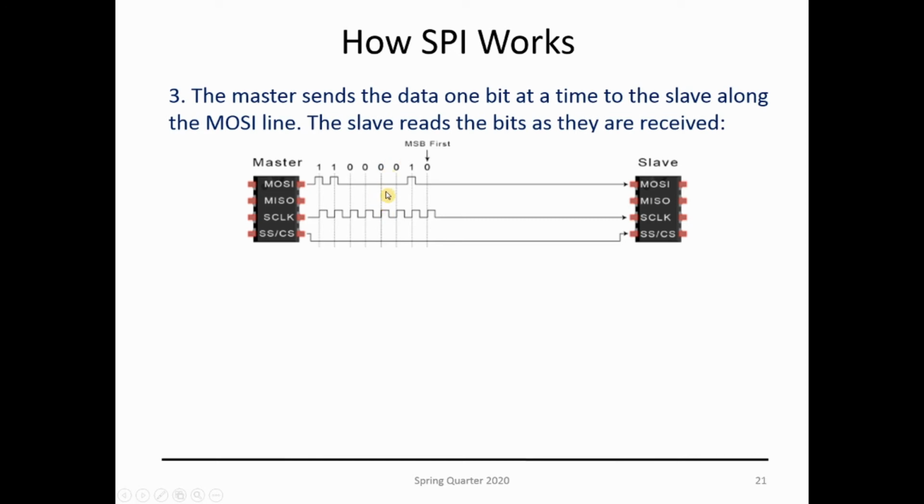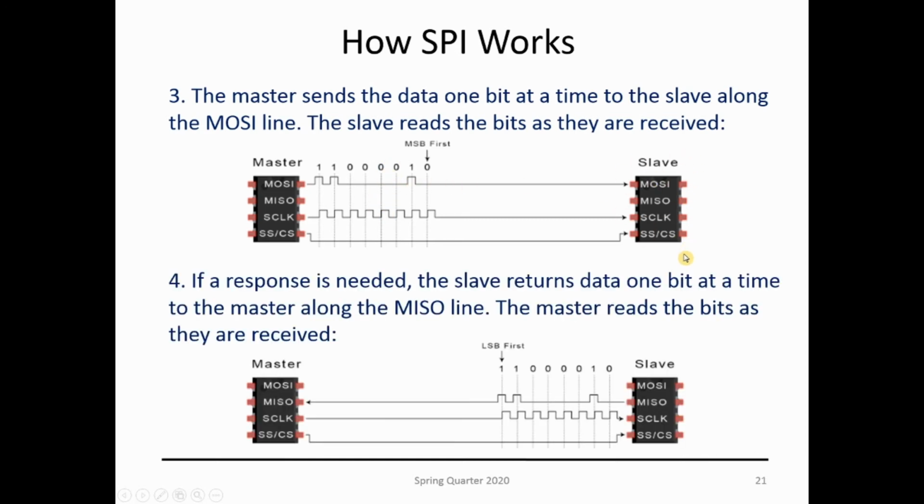Then you can send the data 1 bit at a time, and it's received by the slave, and then the slave is going to use that clock to either send information or not. It depends, but it can just receive commands or it can send data back, and it's all the time. Notice here that the least significant bit is sent first, while on your master it's the most significant bit that is sent first. So that's a very important distinction between both.